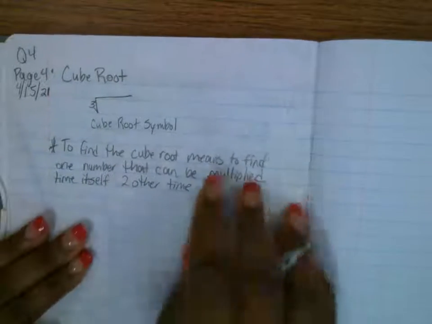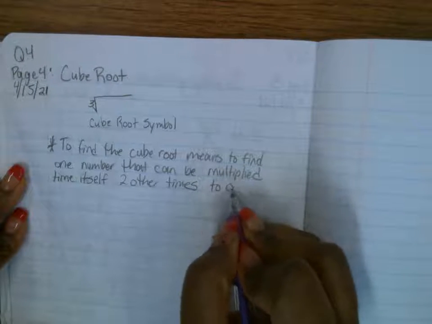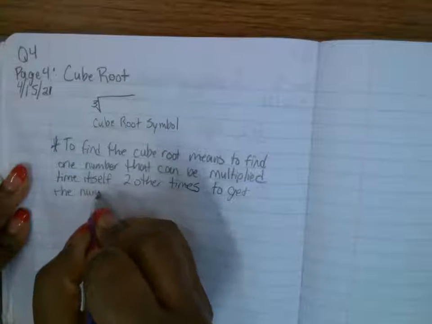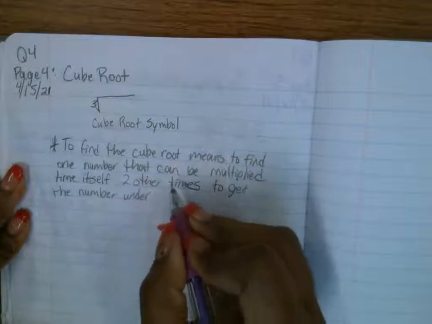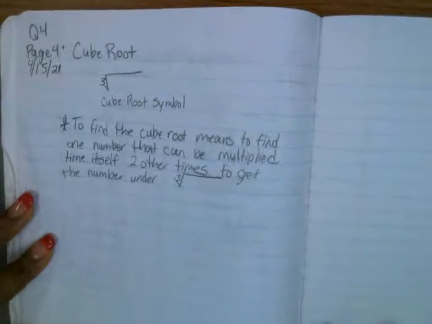It's written 3 times, to get the number under the cube root. Okay.